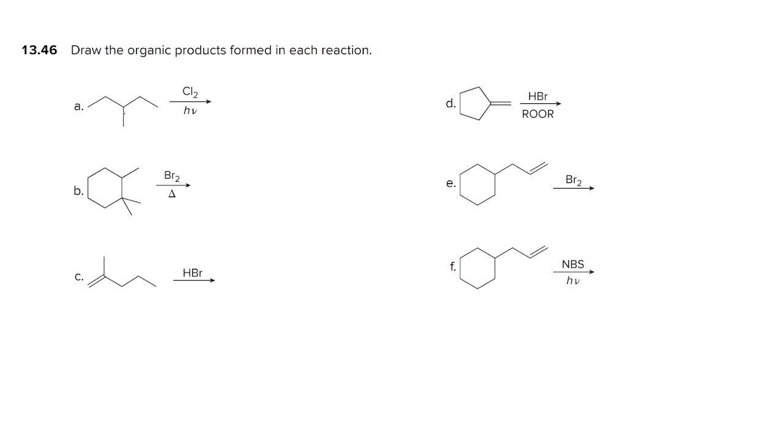And if you look at the alkane, we have a couple of different positions. So we have this position, which is a tertiary carbon having one hydrogen. And here we have a primary carbon having three hydrogens.